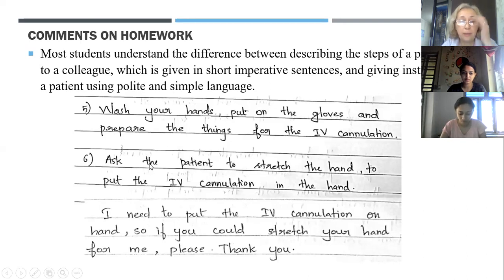That is why, for example, Sinju used these phrases: wash your hands, put on the gloves. But she also added the phrases which should be used in the conversation with a patient with polite formulas. Some of the students did not see the difference between the conversation to a colleague and to a patient, and they didn't use the polite formulas as I asked.